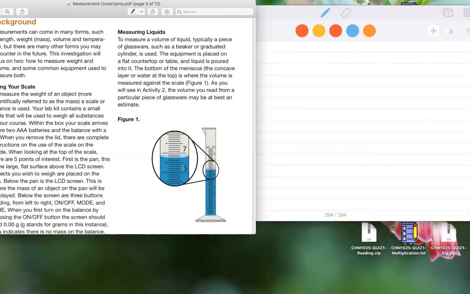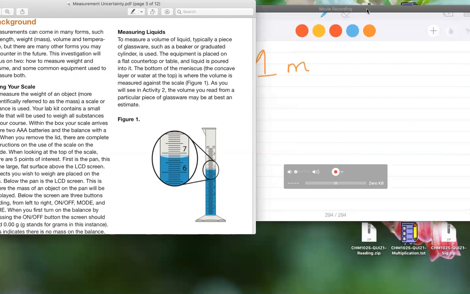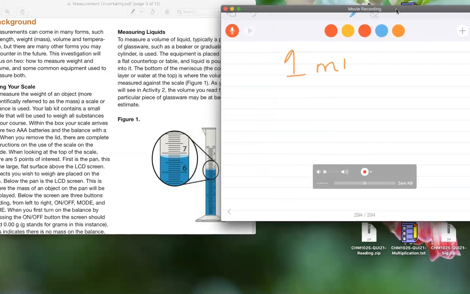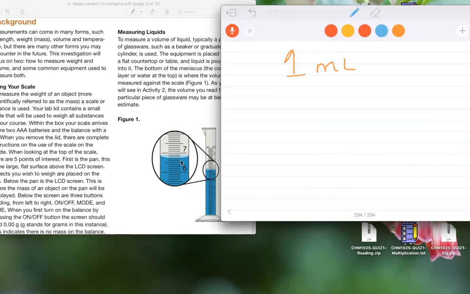For example, here I see the main subdivision between 6 and 7, that is 1 ml. If you want to know what each one line represents, you will count how many of them there are in here. 1, 2, 3, 4, 5, 6, 7, 8, 9, 10.